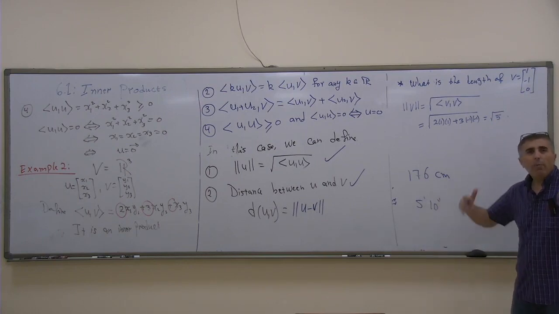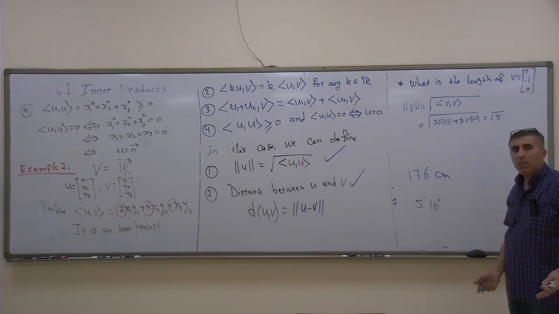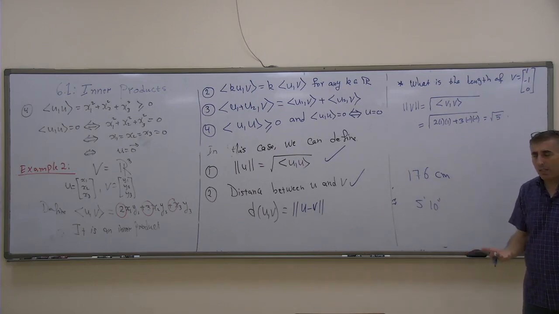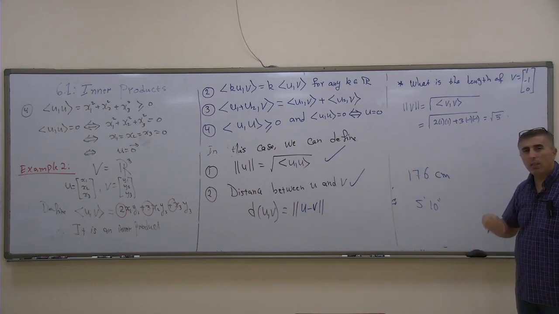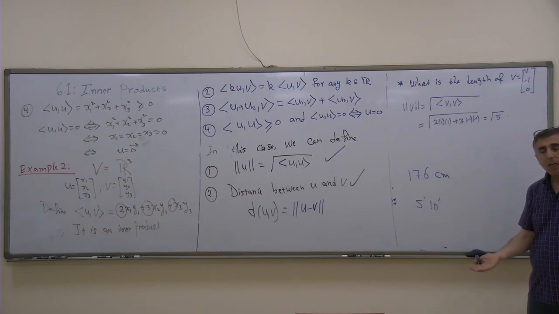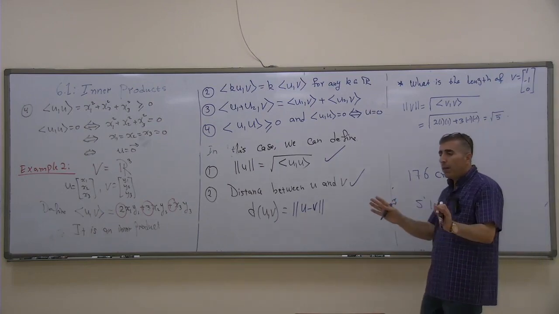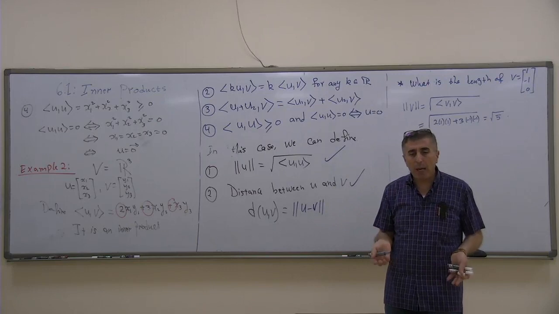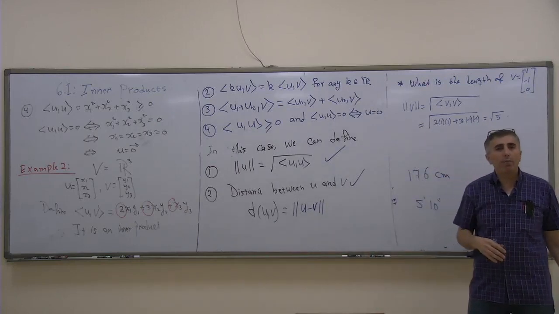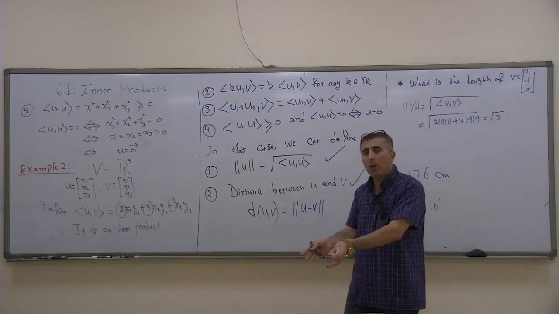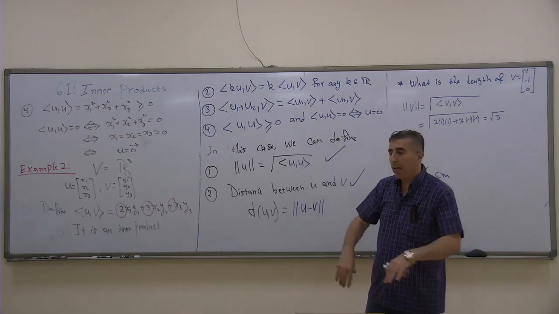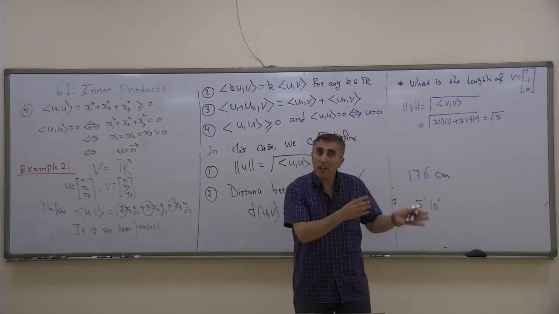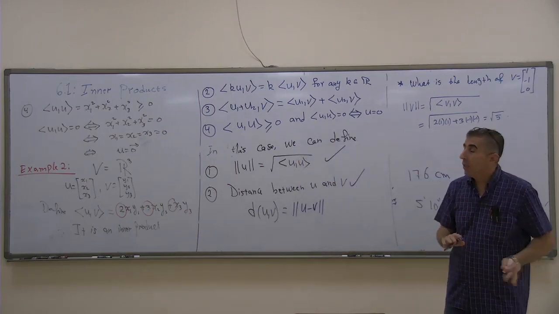Okay, why? Because in the States they are using the feet, inches system. Here we are using the meters, centimeters system. So you think about different inner products on the same vector space as different ways of measuring things, like measuring in kilograms or measuring in pounds, like measuring in centimeters or measuring in inches. Okay, so don't be surprised here.